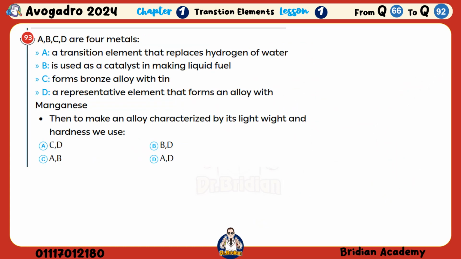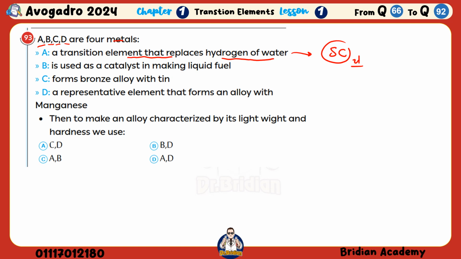Question number 93. It is the last question but not the least. A, B, C, D are 4 metals and he gave us the characterization for these elements. First one, a transition element that replaces hydrogen of water. It refers to scandium 21, a highly active element in the first transition series.